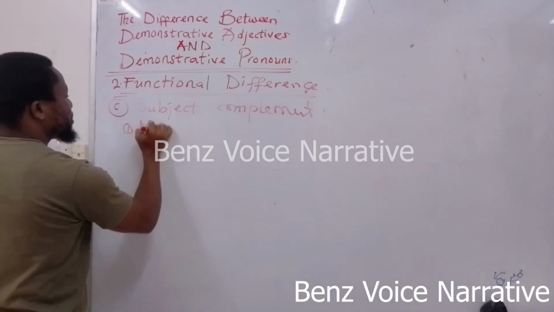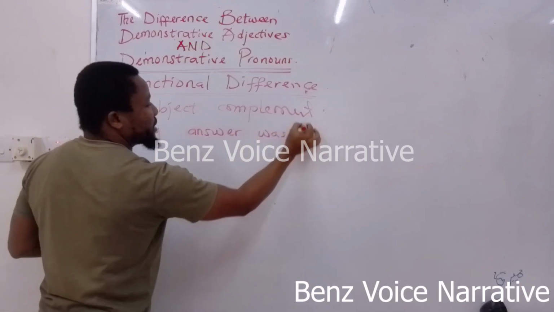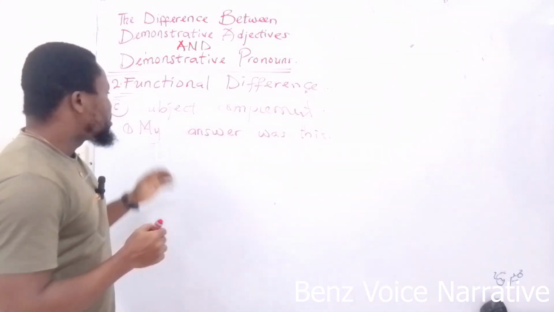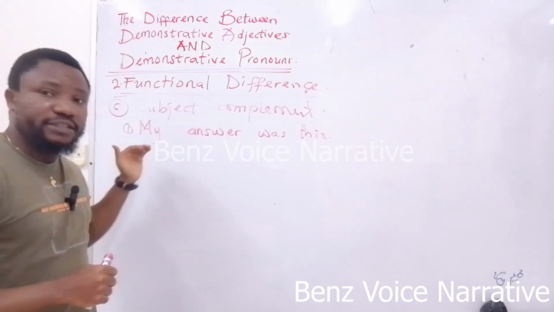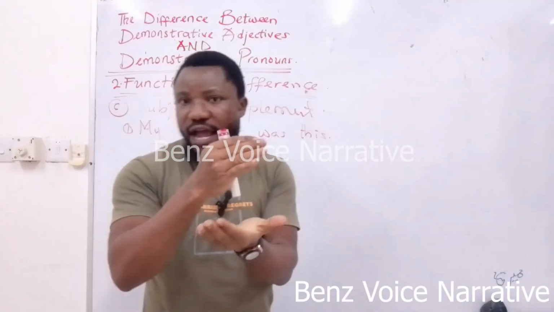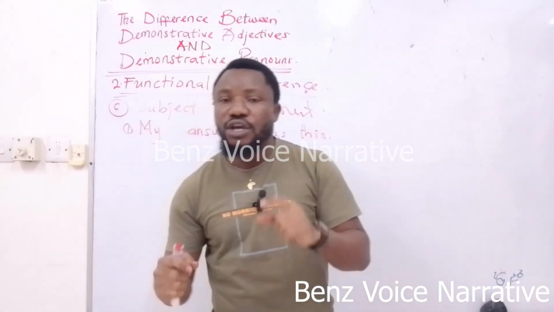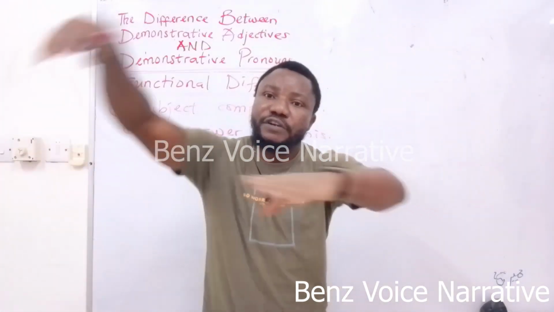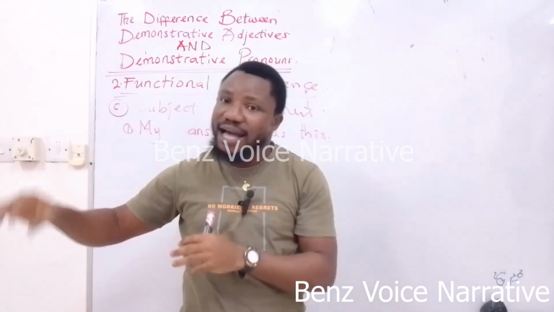One: my answer was this. Full stop. My answer was this. My answer was that. My friend was that. My friends were those. Now, if you want to have a demonstrative pronoun function as subject complement, all that you have to do is reverse a sentence in which you have a demonstrative pronoun functioning as the subject of a sentence.